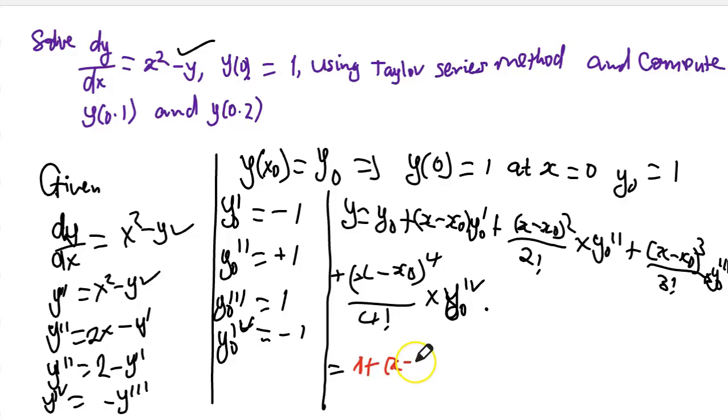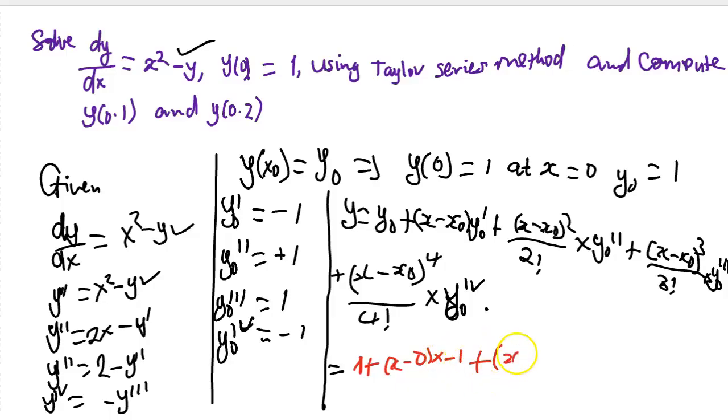This is x minus 0 because we know x naught is simply 0. So x minus 0, multiplied by y naught prime, and our y naught prime we got as -1 here, so you put -1 and multiply this by -1.